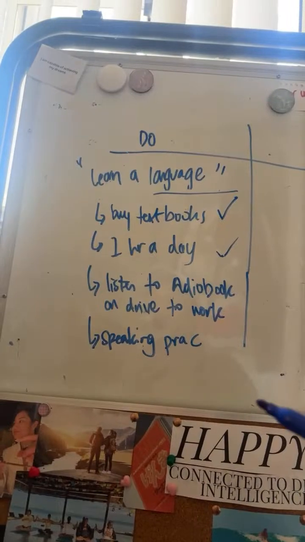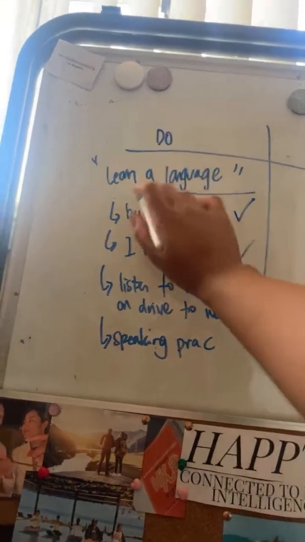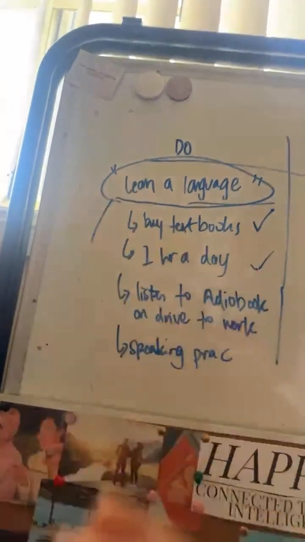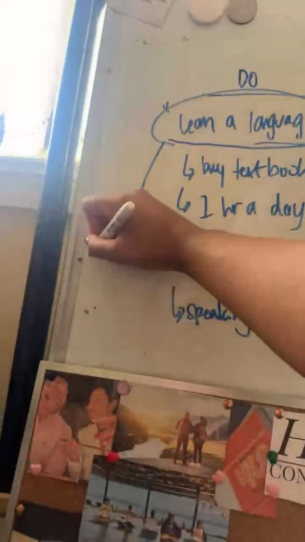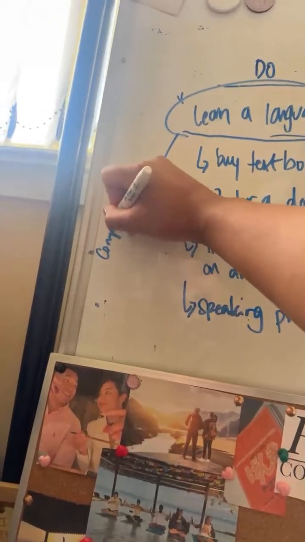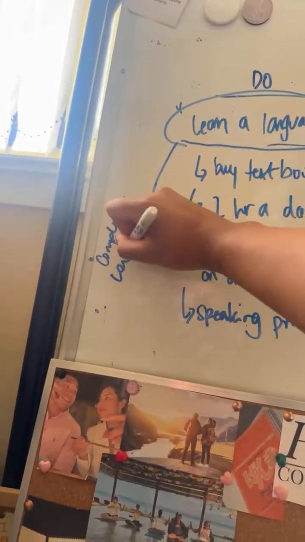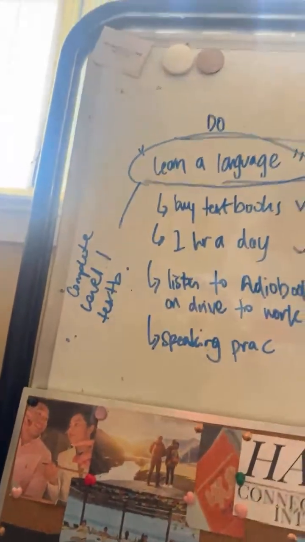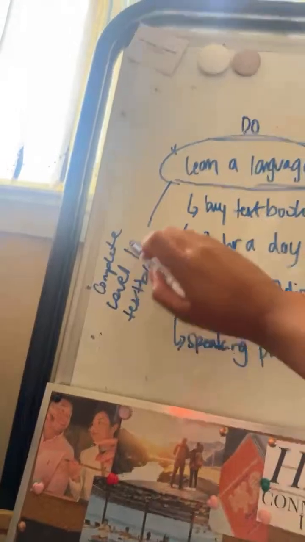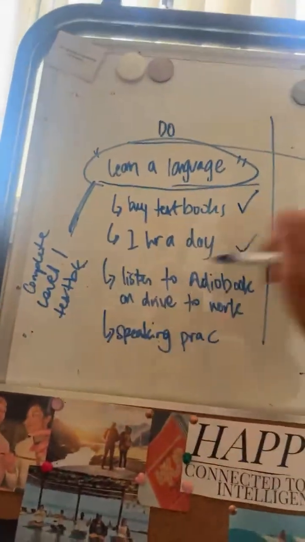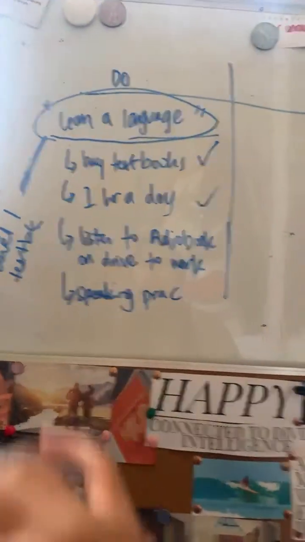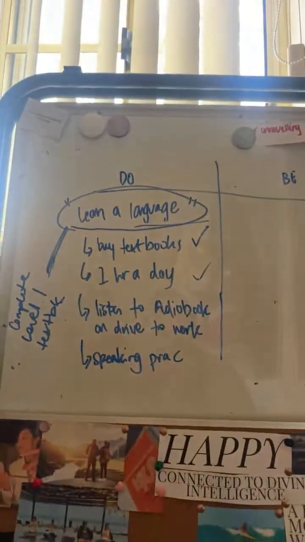So what I'm going to do is change this learn a language to something more measurable. For example, complete level 1 textbook, okay? So that goal is essentially this explained. And then from that, to complete level 1 textbook, I'm going to continue to break down the subtasks until I basically have written down all the subtasks below.